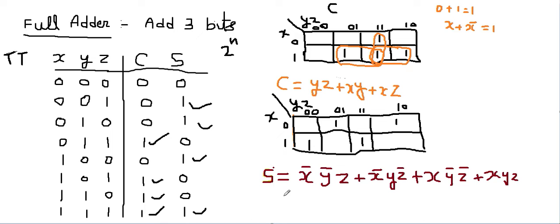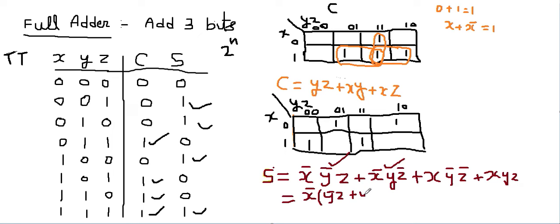Okay, so here we can see from these two minterms, like this one and this one, we can take x complement common. X complement is this, and we have y complement and z, plus y z complement.